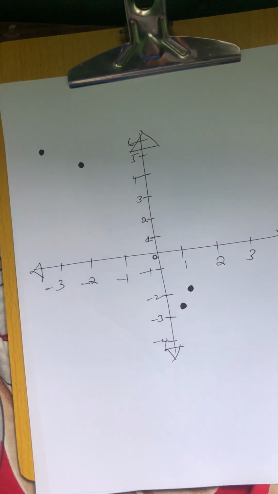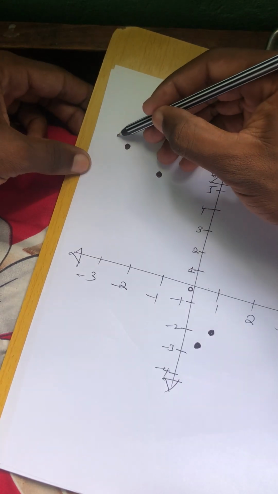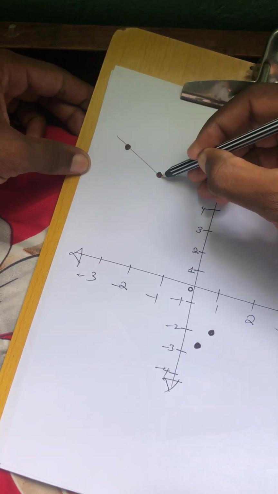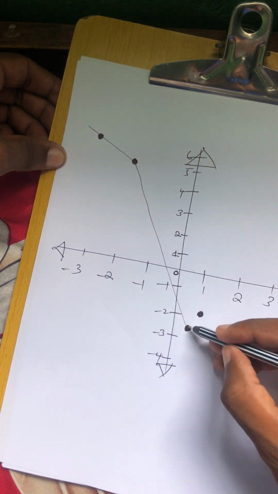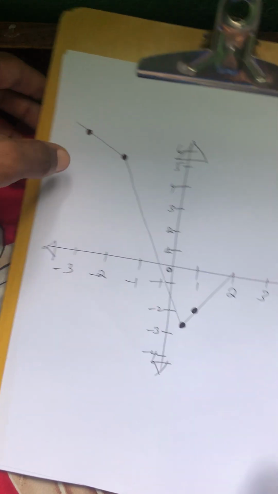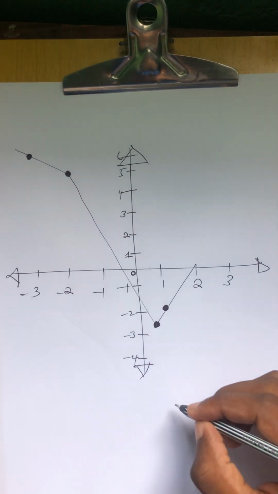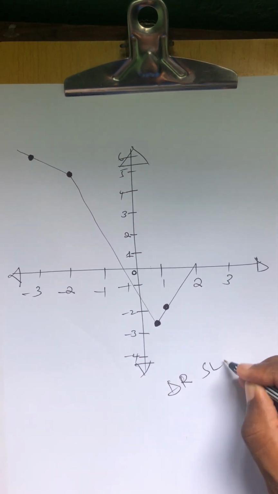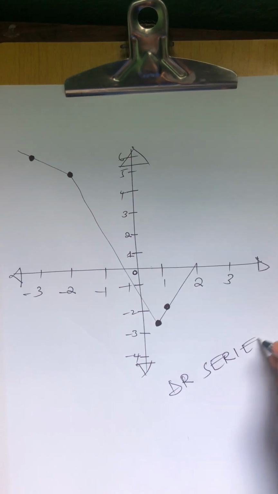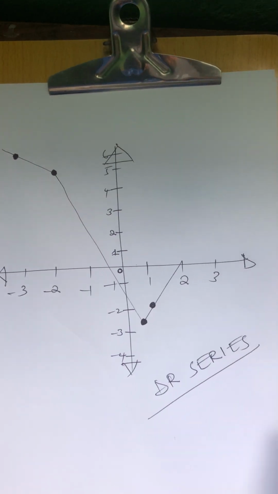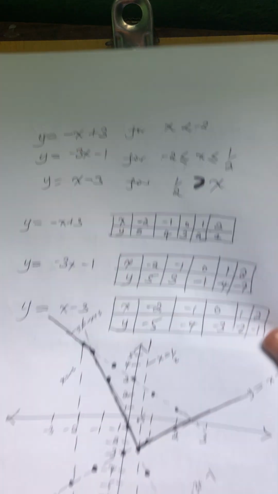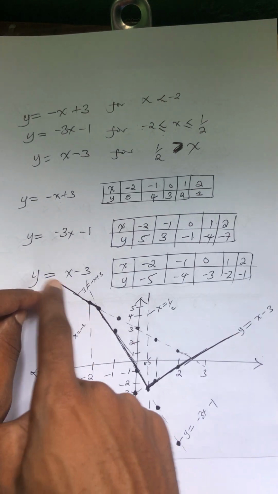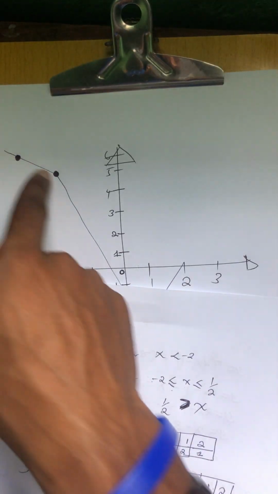Okay. Then you can now join them. You can now just join them like this. Like that. So this one is just the direct one. If you observe this one and this one, you find that this is this graph.